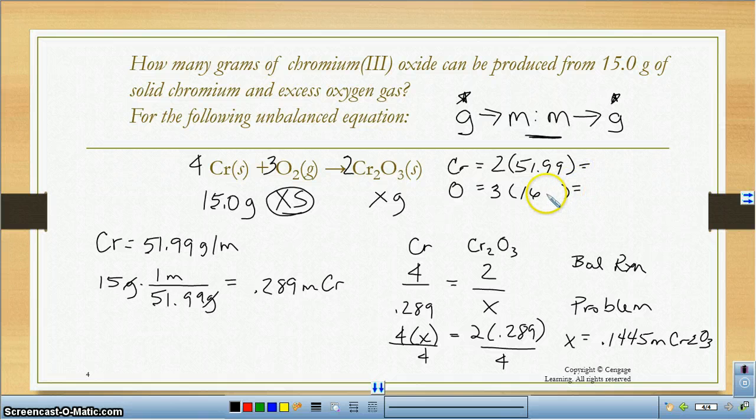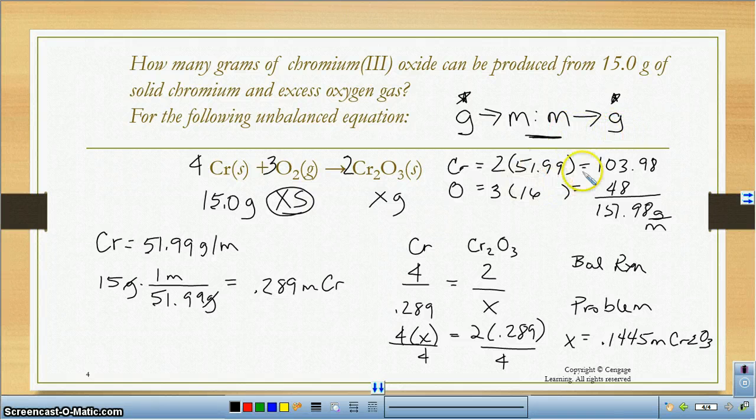So 2 times 51.99 is 103.98. 3 times 16 is 48. We add those two together, and I get 151.98 grams per mole. I need this information in order to change moles of chromium 3 oxide back to grams.